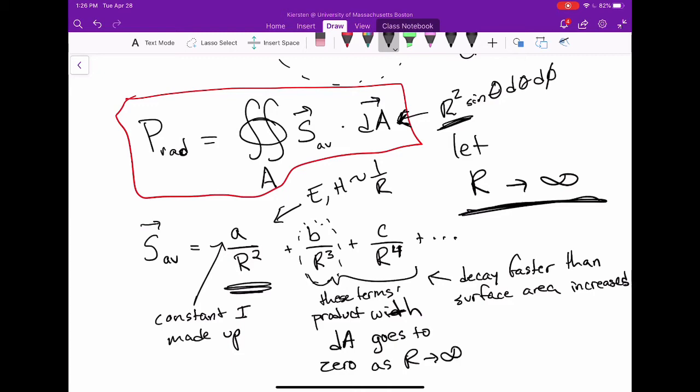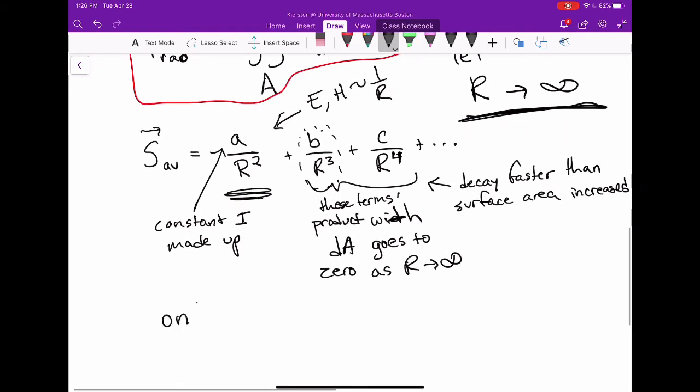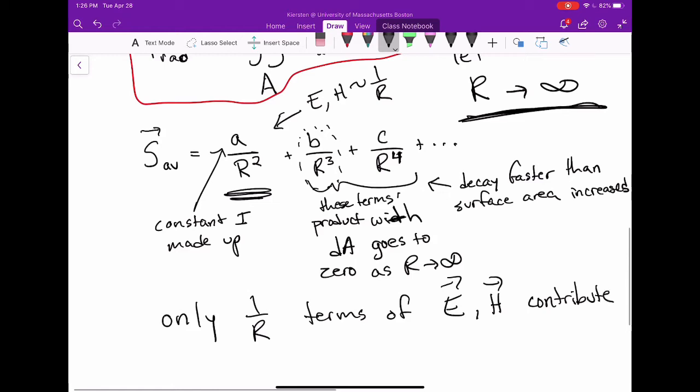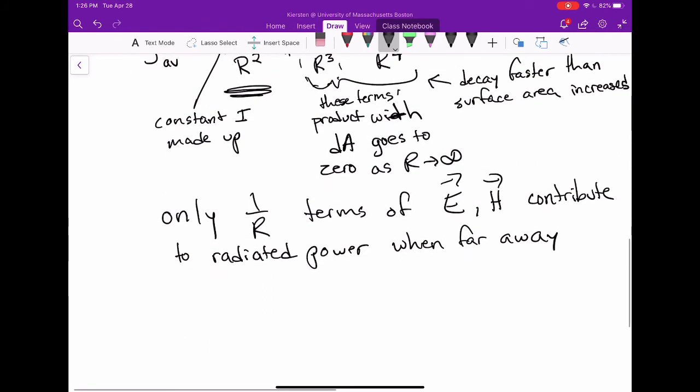So only the 1 over r terms of the electric and magnetic fields contribute to radiated power when you're far away. And fittingly, we call those the far fields.